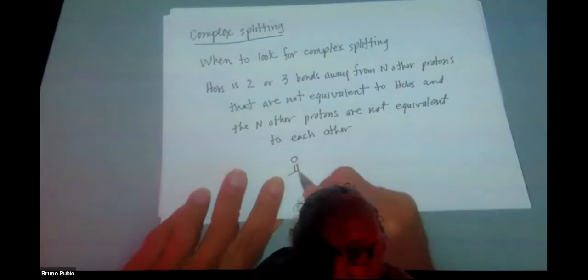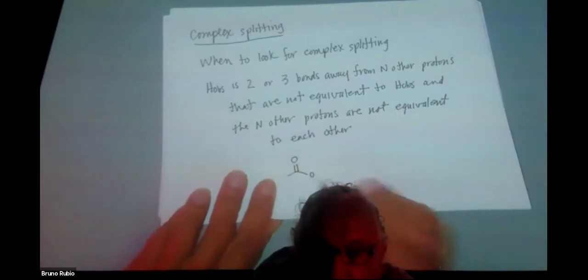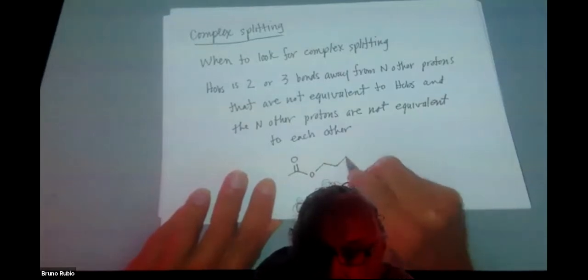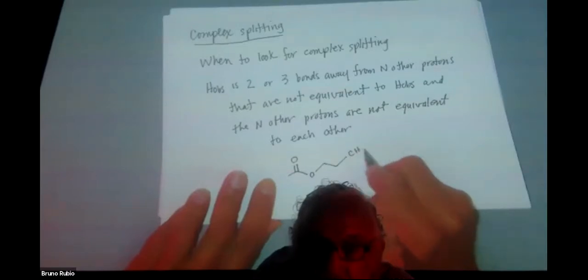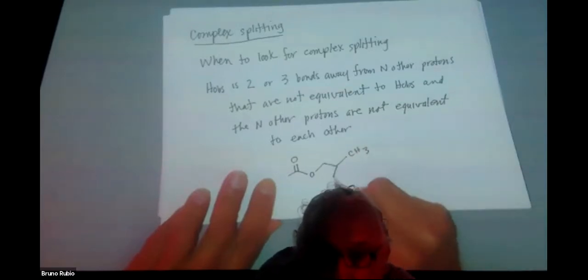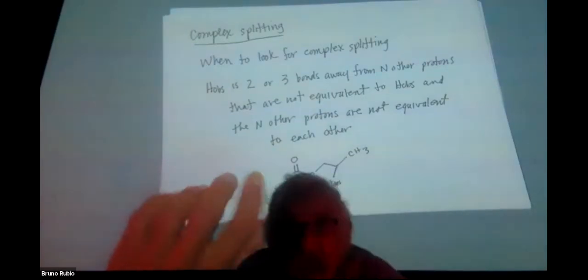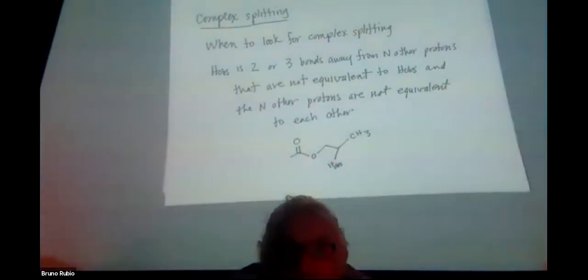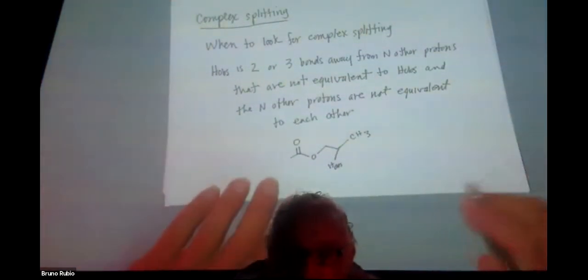We would have an ester, and maybe CH3 here. All right, and make this guy the observed proton, right?